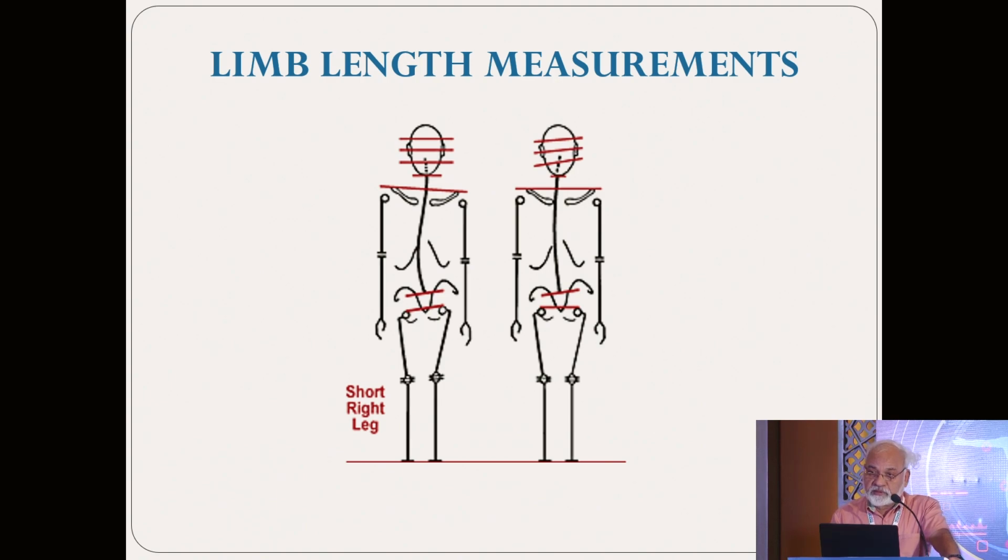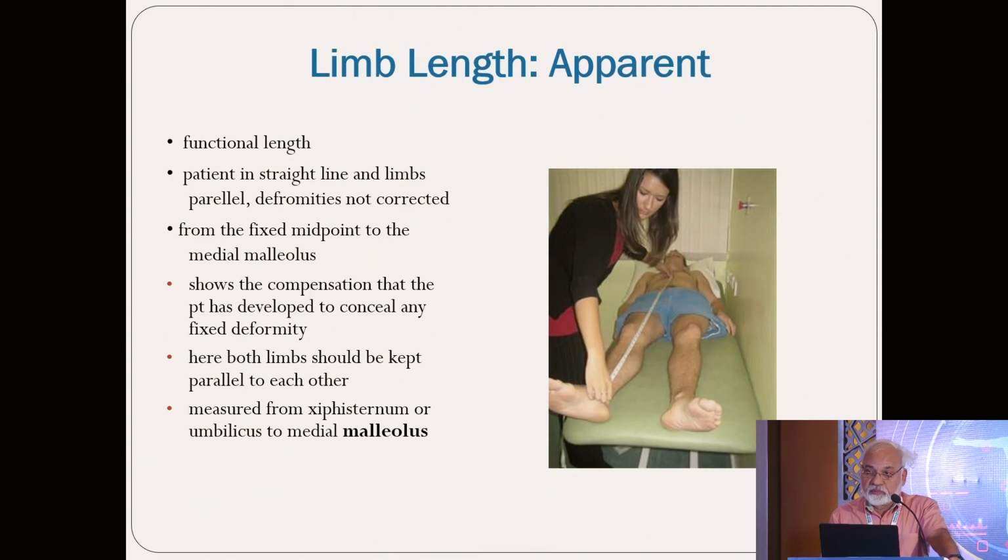You can observe by looking at the ASIS that there is a pelvic obliquity, and the shoulders are not in the same plane. Then you may think the person might have a limb length discrepancy, which could be apparent or real.